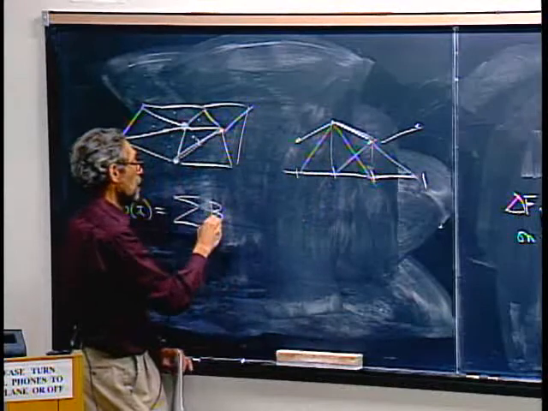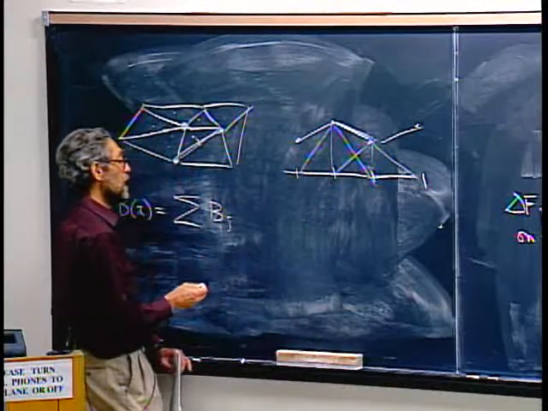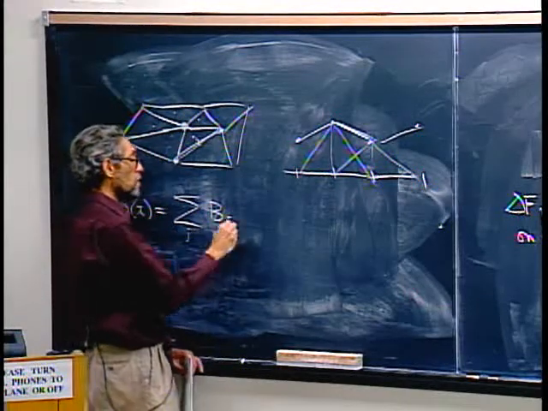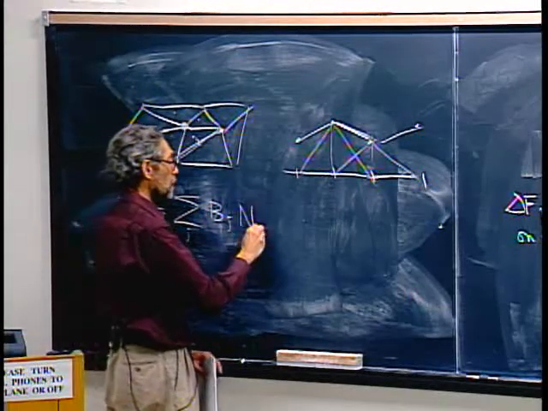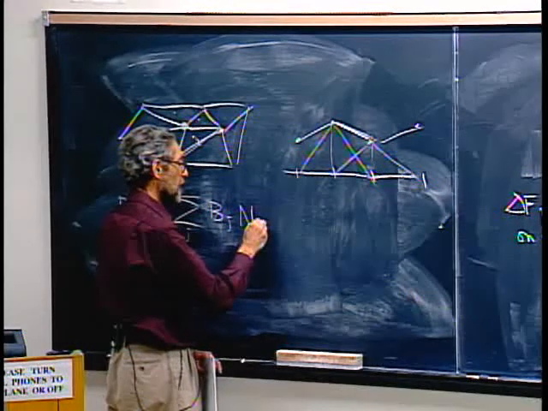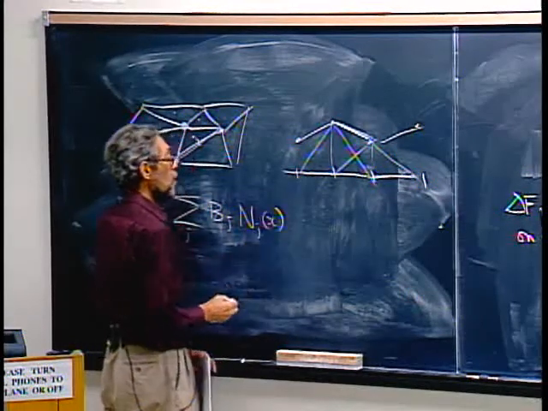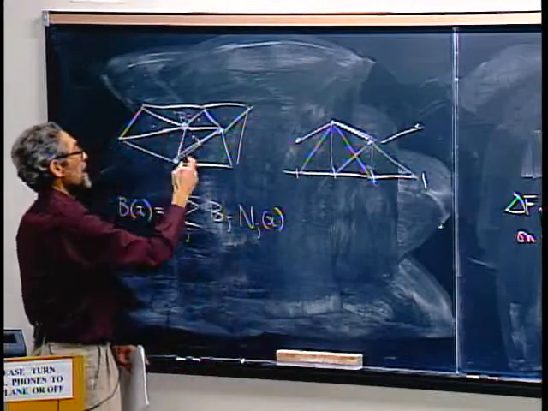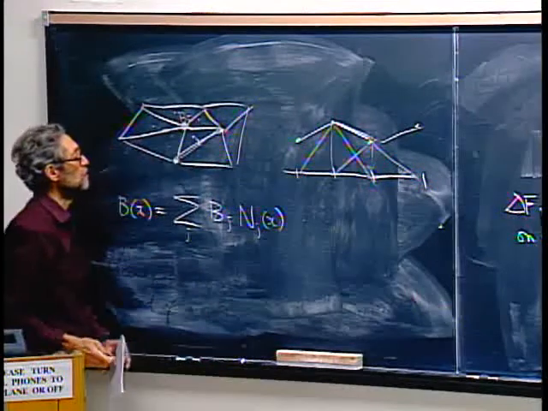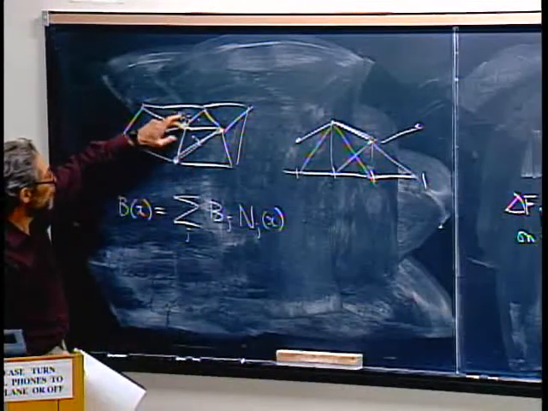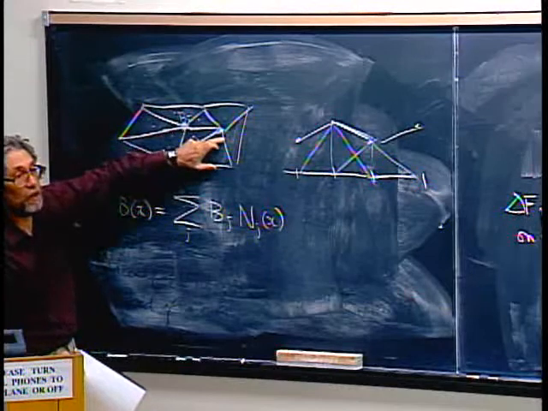So our weights are going to be the bj at the vertices, and this is going to be the sum over the vertices of piecewise linear function nj of x, where nj, if this is bj, nj of x is the function which is 1 at this vertex and 0 at these other vertices.